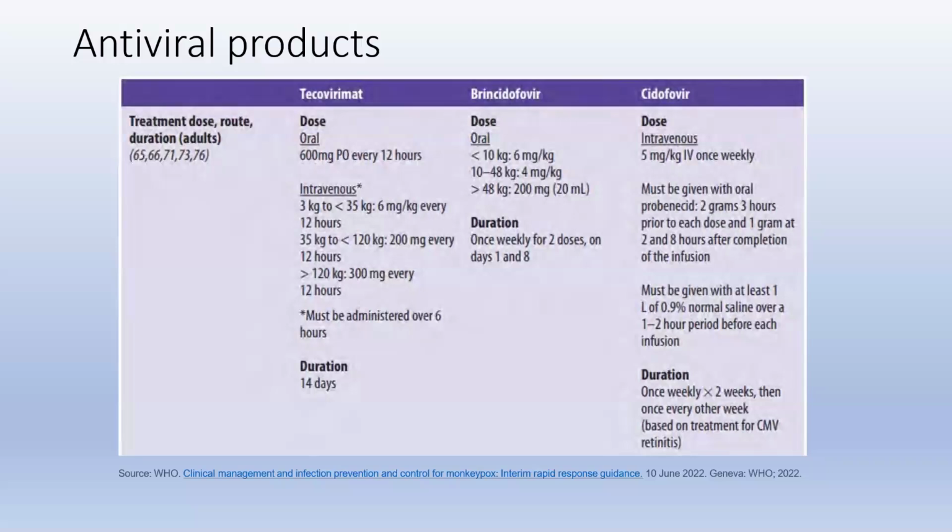It's administered 200 milligrams every 12 hours. And then for those who are more than 120 kgs, 300 milligrams every 12 hours. And it must be administered over a 6-hour duration, and the treatment duration is 14 days.